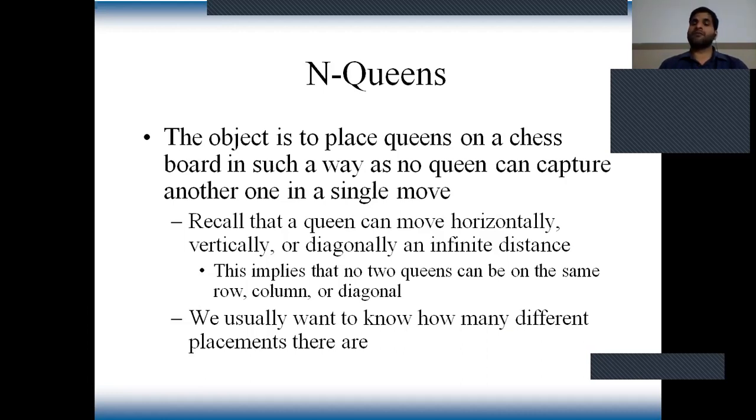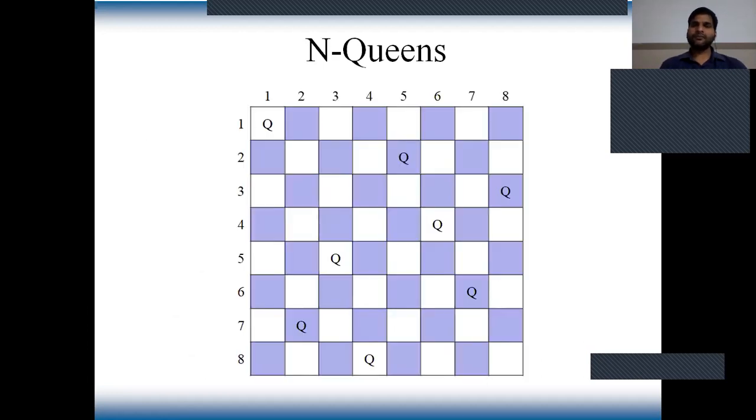We usually want to know, using the backtracking approach, how many different placements of queens are possible on a chessboard. Suppose the n queen problem is the 8 queen problem. In the 8 queen problem we use an 8 by 8 chessboard, and each queen is placed in such a way that no queen attacks another.